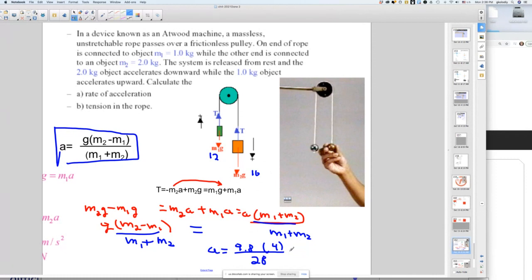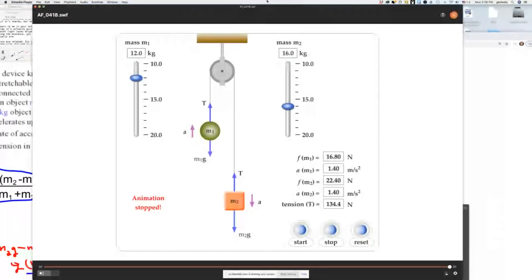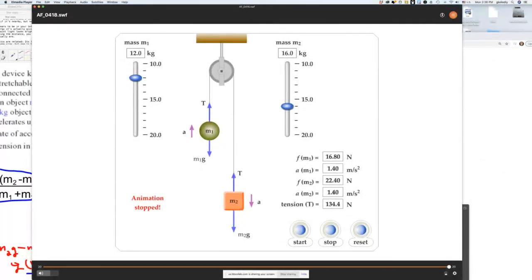And lo and behold, you get, I think, 1.47 meters per second squared. Here it is. 1.4 meters per second squared.